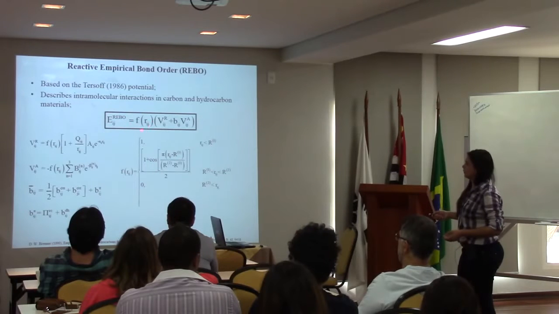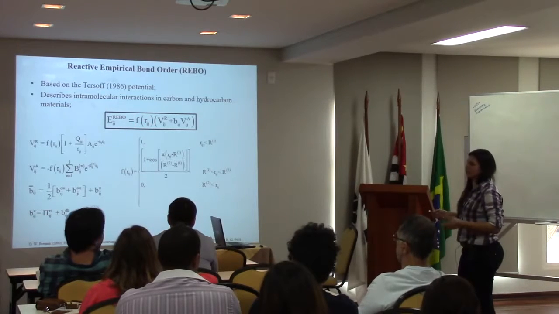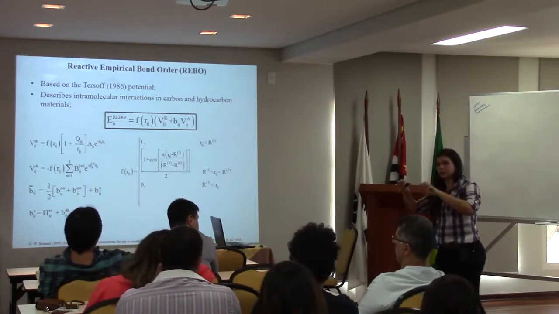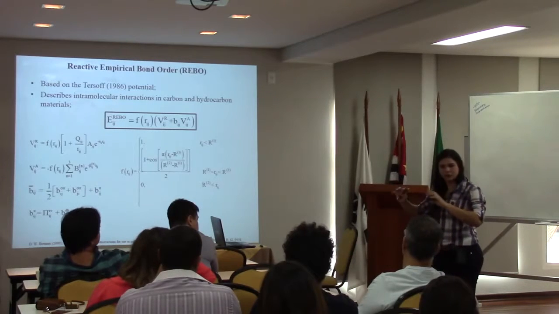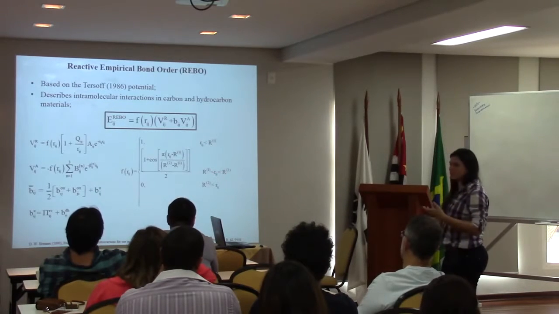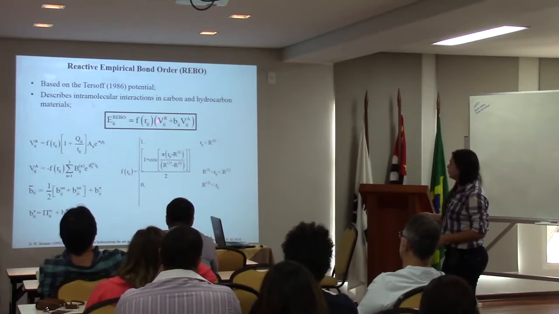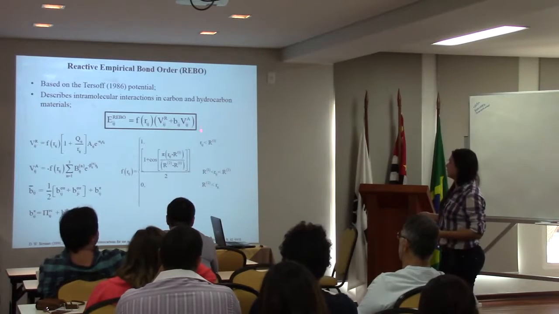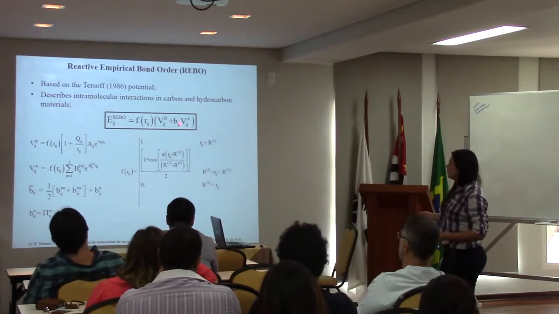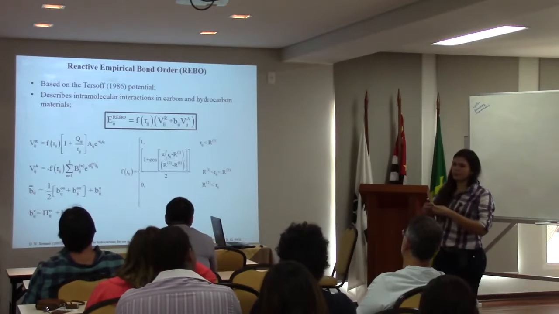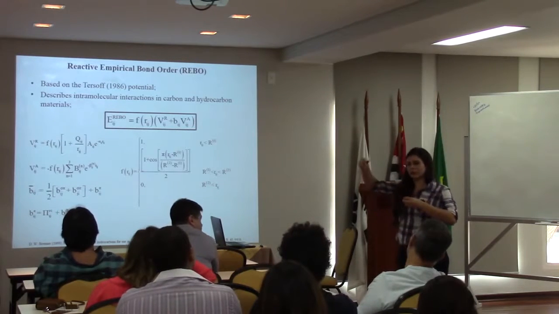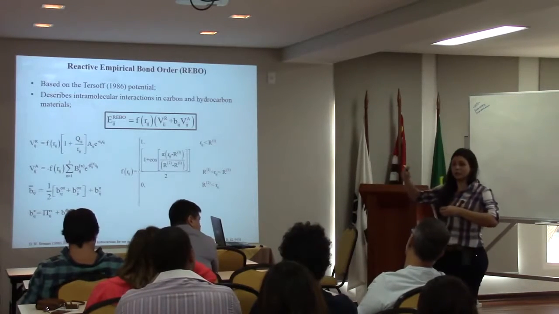And this is the cutoff function that says whether we have the connection between 2 atoms or not, based on the distance of separation. And you have this repulsive part and the attractive part, and this term B that connects one atom with the other 2, based on the angle between them.